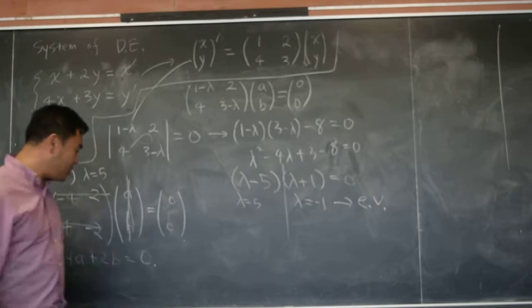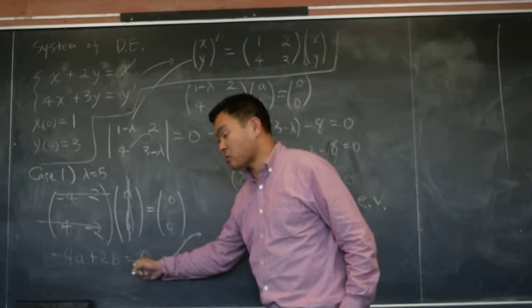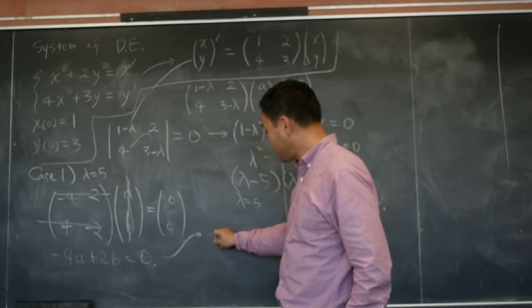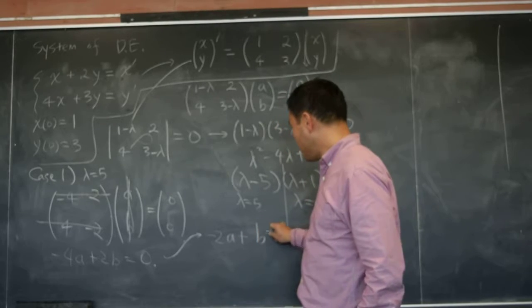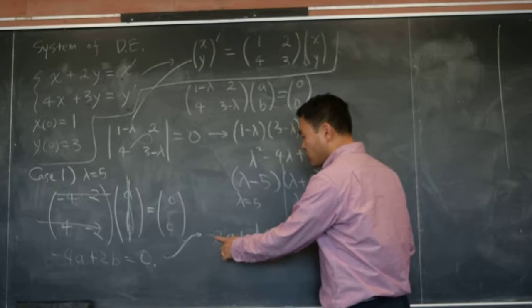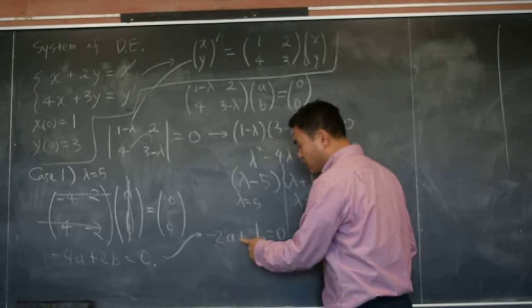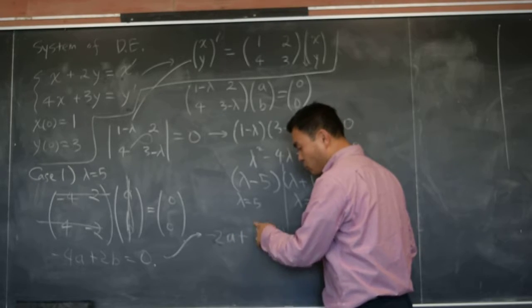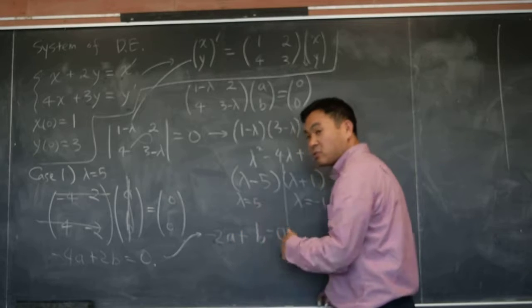You can just find the simplest one that does make it work. And one easy choice is to just reduce to the lowest terms as much as possible. If you have negative 2a plus b equal to 0, what you do is you switch this: you put the coefficient of a into b, and the coefficient of b into a, and then switch the sign of one of them.